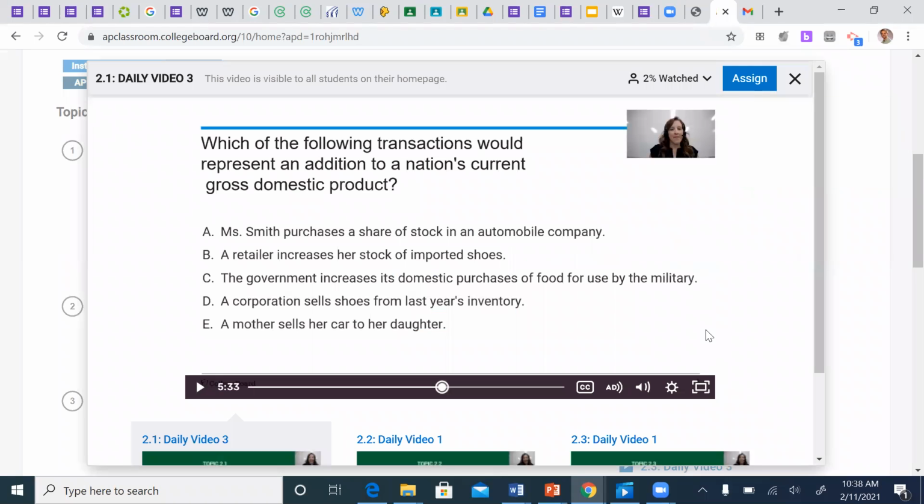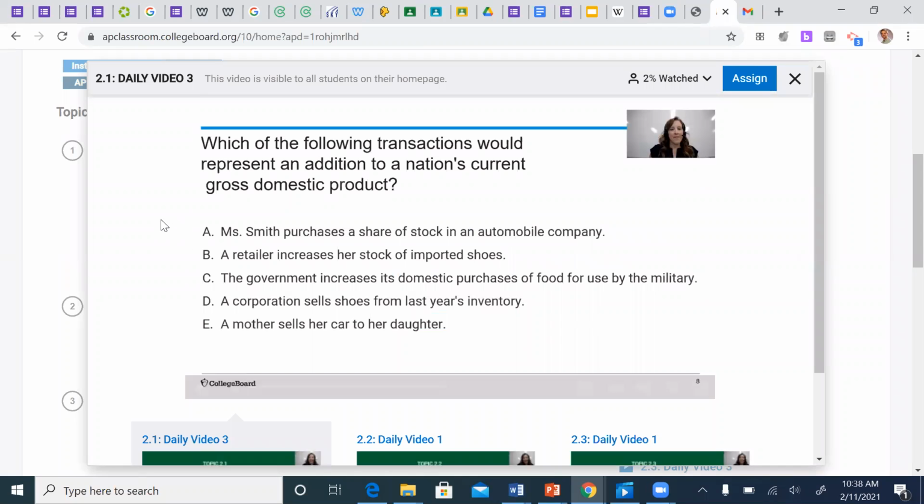Okay, this was the question I was asking you right here. Which of the following transactions would represent an addition to a nation's current gross domestic product? Remember your indicators.